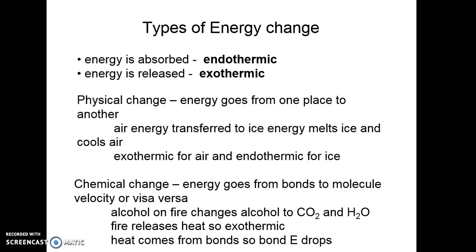This fire releases heat. It's going from the inside of the molecules where the bonds are to the outside, so we call it exothermic. Heat is coming from the bonds, so the bond energy drops. So what you have is alcohol with high bond energy, and then carbon dioxide and water having low bond energy.